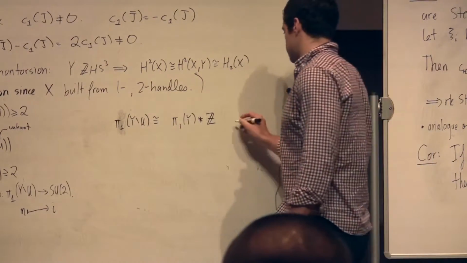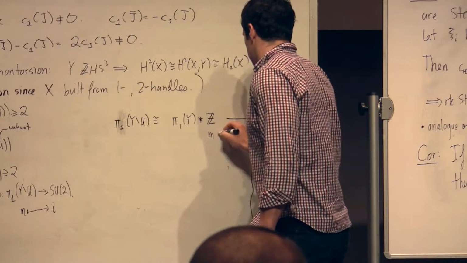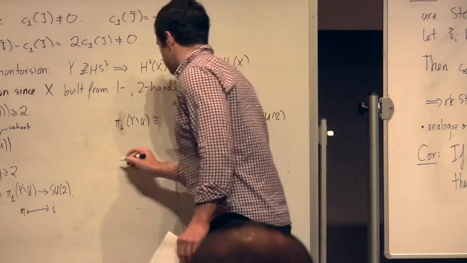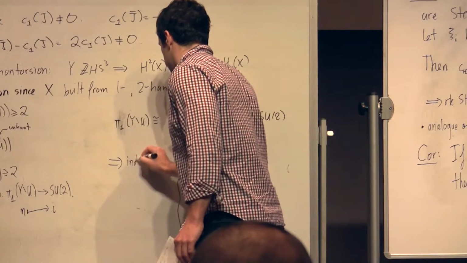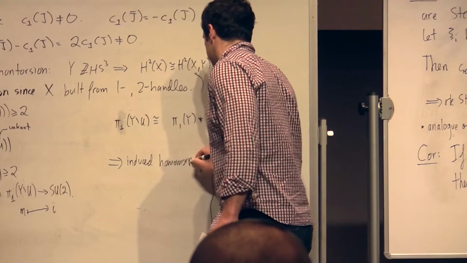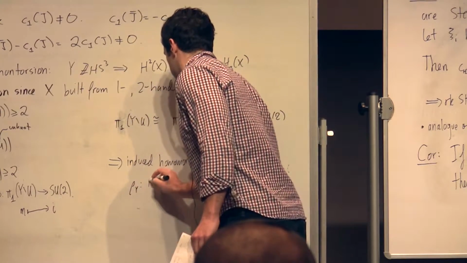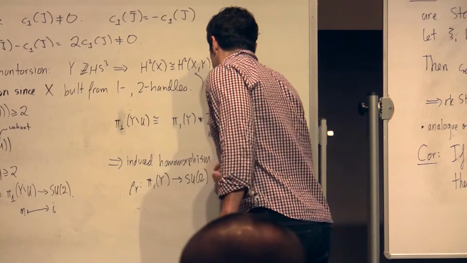And so we have this homomorphism to SU2 sending M, the generator of this Z factor, to I. And so that implies, and it's irreducible, so that implies that the induced homomorphism, which I'll call rho Y, from pi 1 of Y to SU2 is non-trivial.